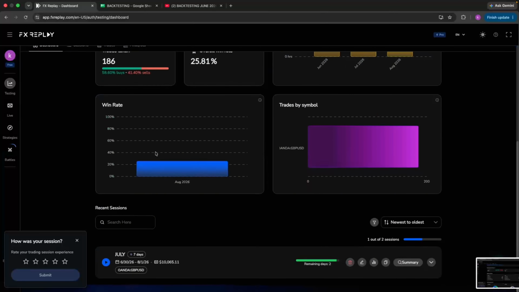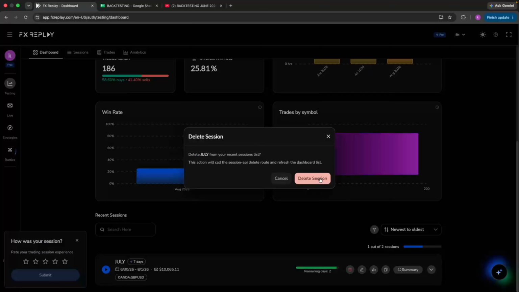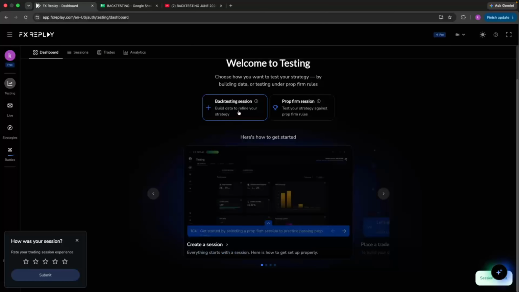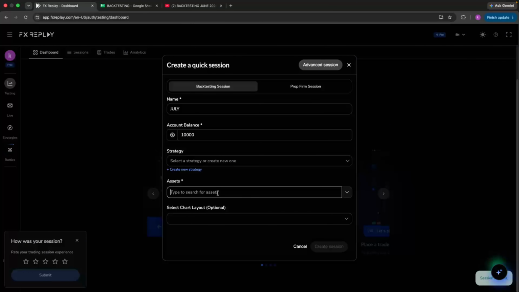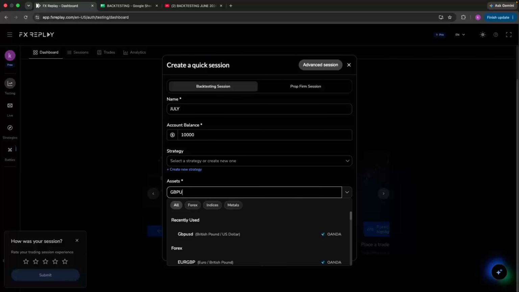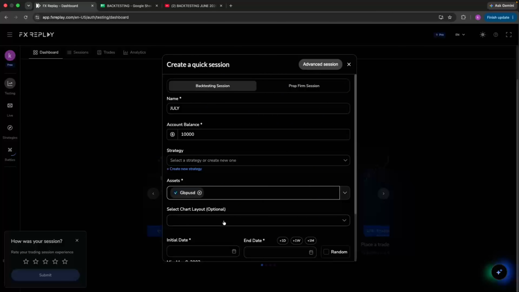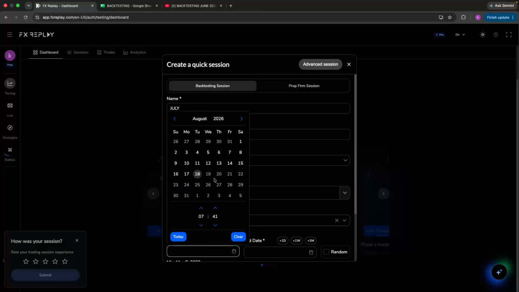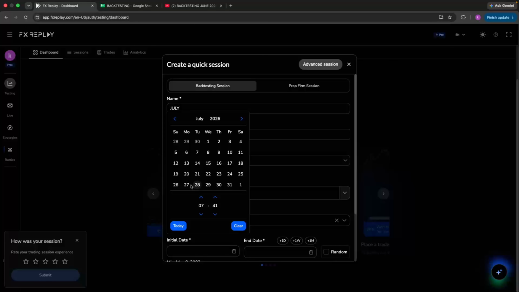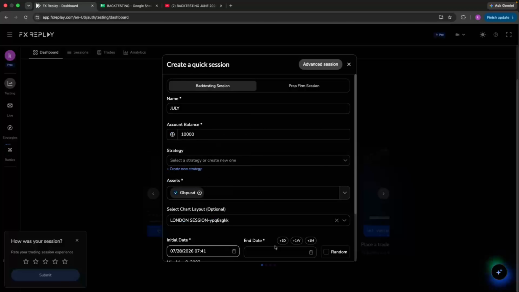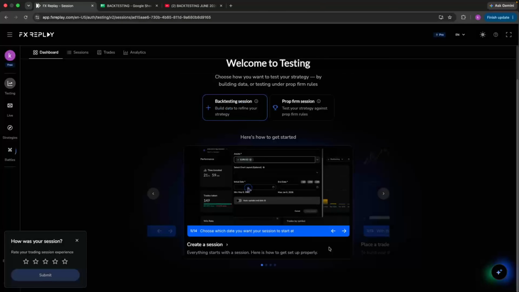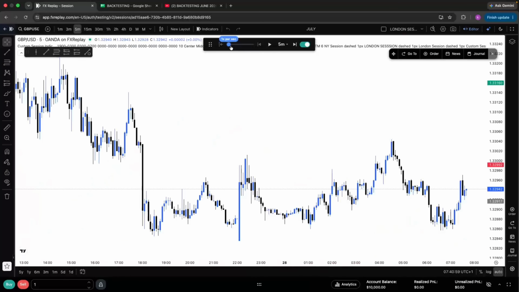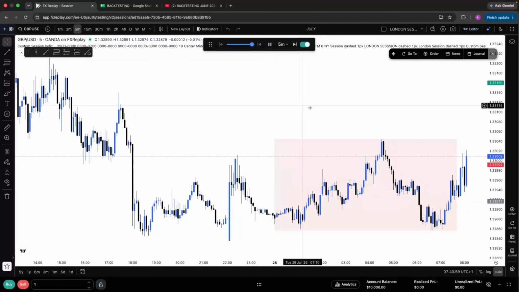And then backtesting session, July. Account USD. Select chart layout, London, initial date, and then we'll do it from the 28th to then the 5th, just so that we end it properly.